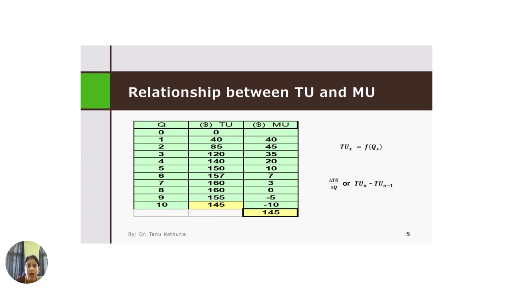That means after consuming the second unit, the extra utility which I've got is just 45. My total utility keeps increasing, reaches a maximum of 160 and starts to fall. In the same manner, my marginal utility increased from 40 to 45, but then went on decreasing, reaching zero.